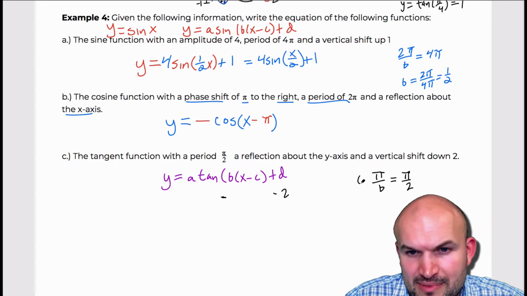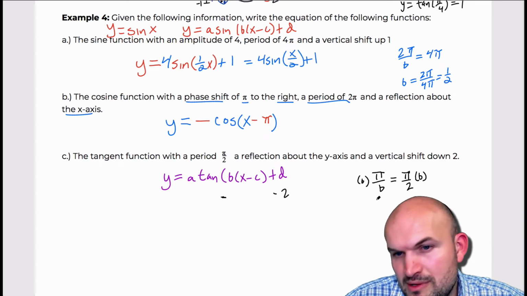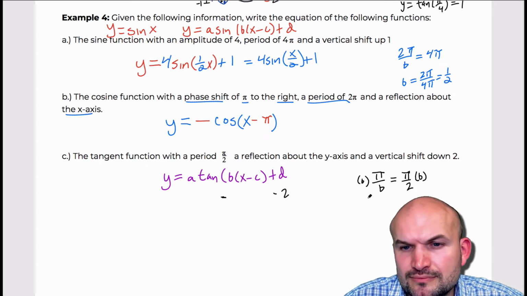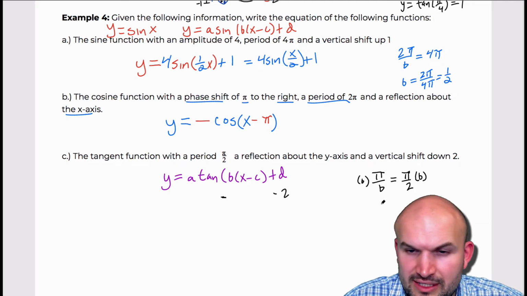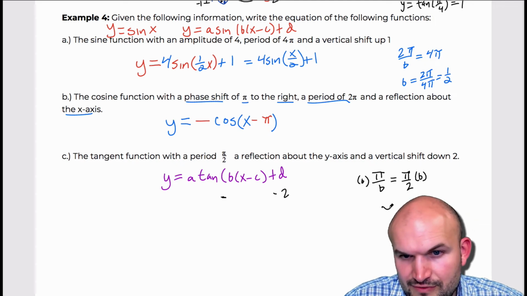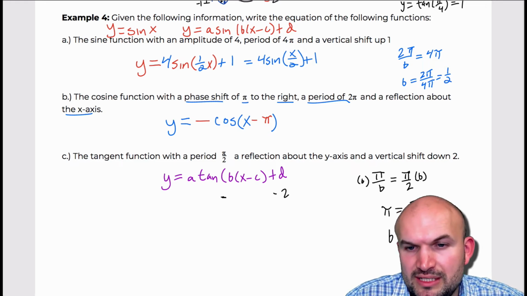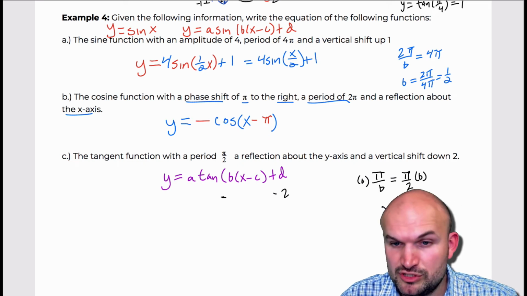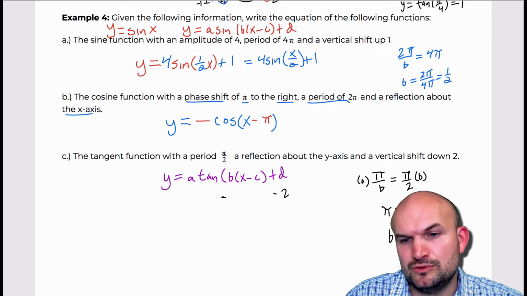So when I multiply by b on both sides, this is what I didn't show in my work last time, and then multiply by 2 on both sides, I'm actually getting confused doing it this way. Pi is equal to pi halves times b. So therefore, b is equal to multiplying by the reciprocal, which would be 2 over pi, and that would just equal 2.